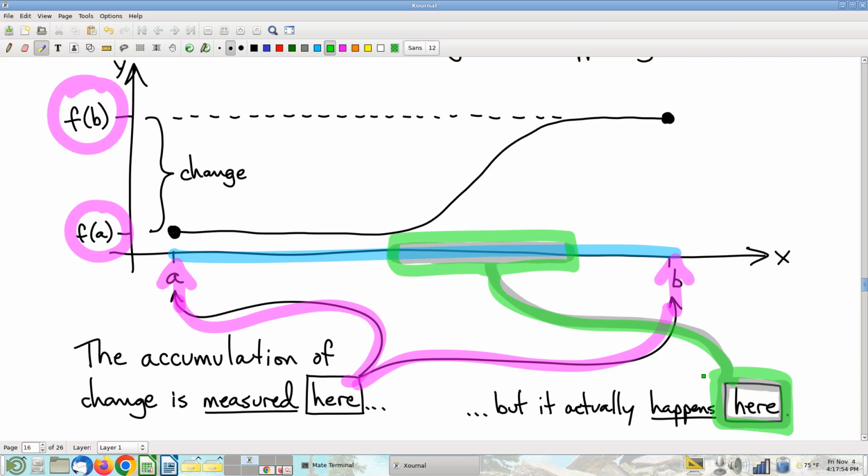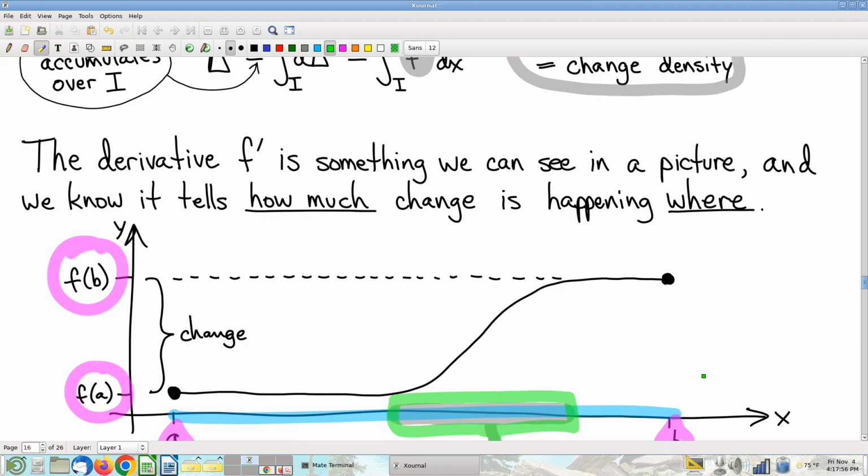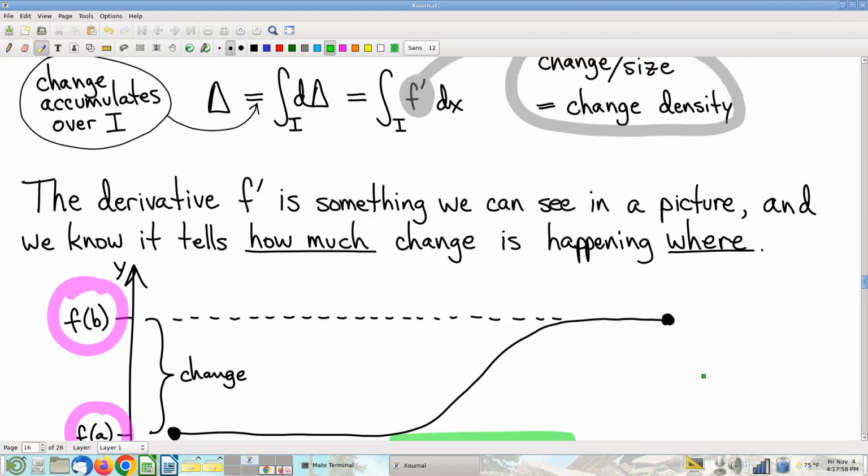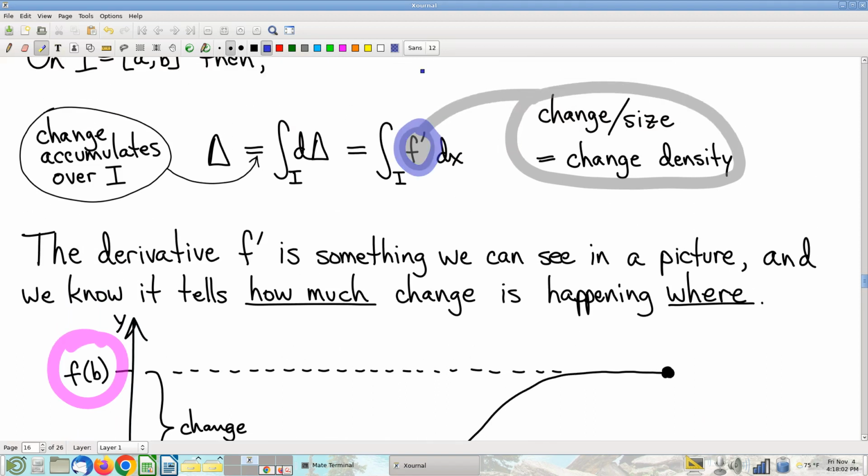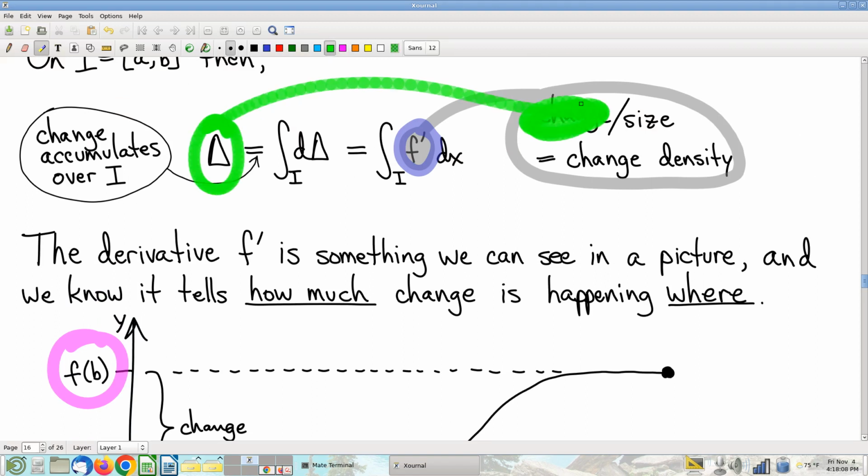All right. So, furthermore, the integrand here, f prime, I claim is our change density, right? That's telling you how much of the accumulating quantity of change is happening for each little piece of size of the domain. So f prime is change per unit size.